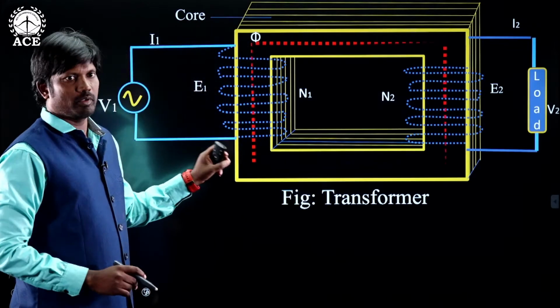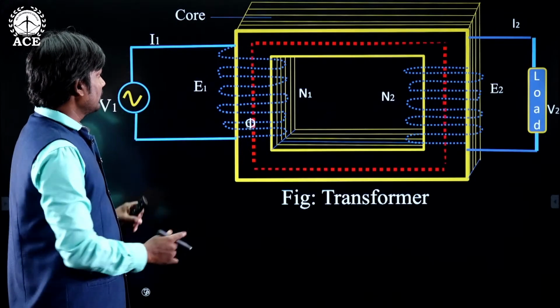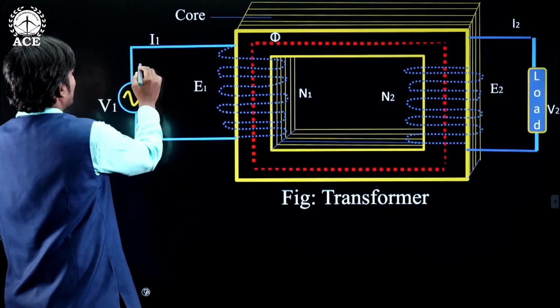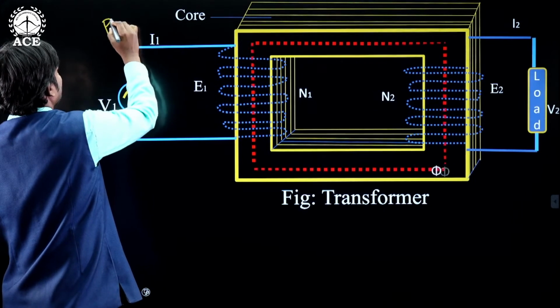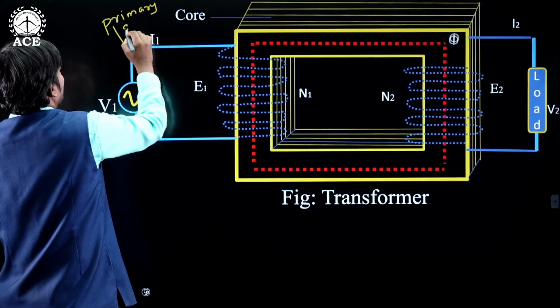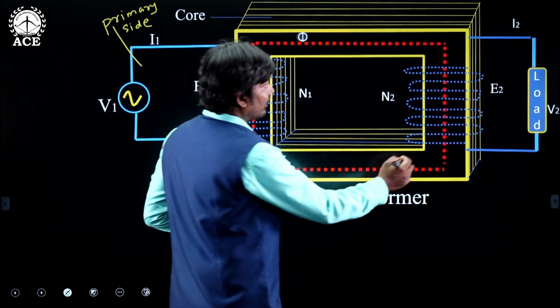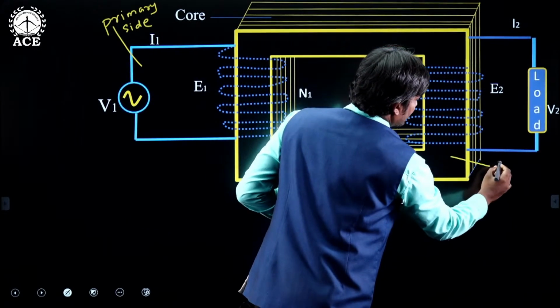Now, this is the basic diagram of the transformer. This side is the primary side, and this side is called the secondary side.